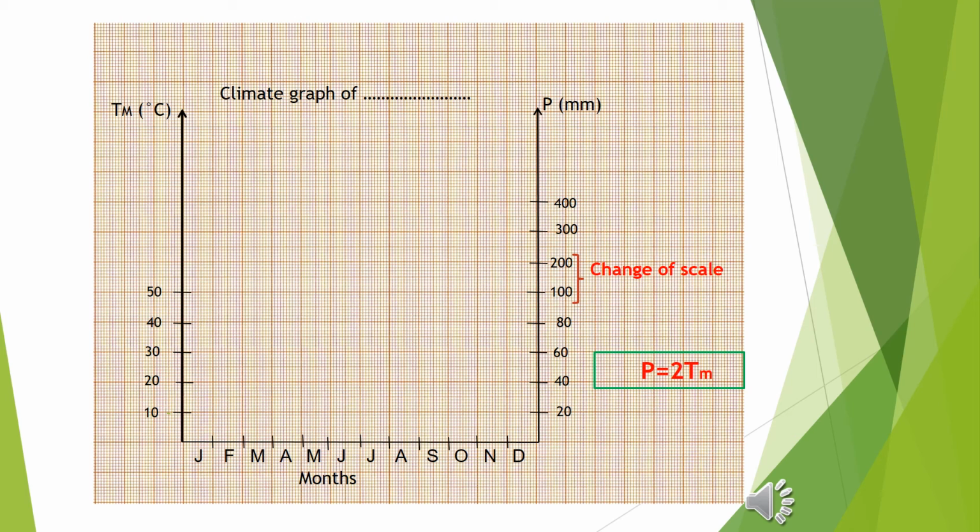Well, simply because in the world you have tropical climate areas. And in those tropical climate areas, there are high levels of precipitation. For some months, you can have like 300 or 400 millimeters of precipitation. So to make your graph easier to understand and also analyze, we have that change of scale to accommodate any kind of climate.